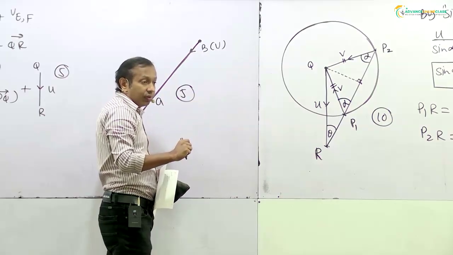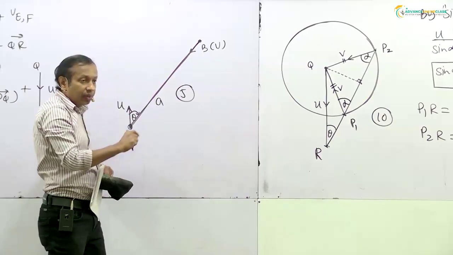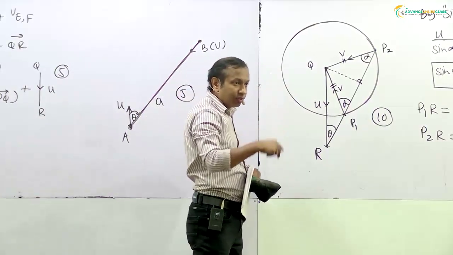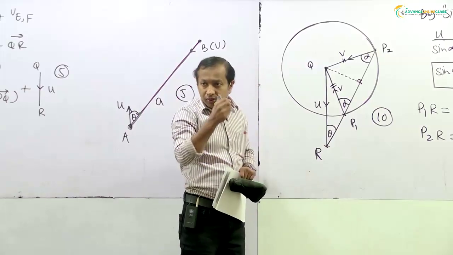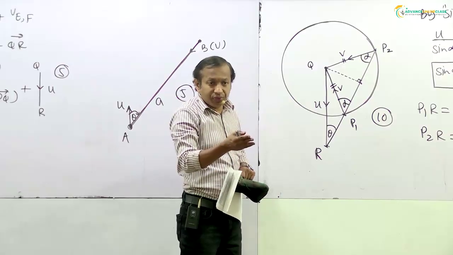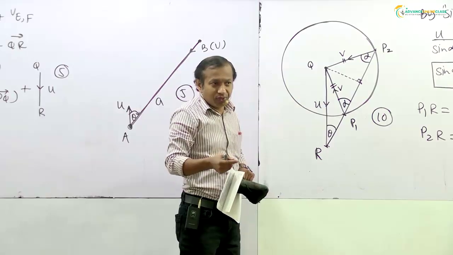Minimum velocity. Then T max we can find how? The distance is A. Distance should be divided by minimum velocity, the lesser velocity. Then time is maximum. Correct, no? When we make a certain journey, if you use a small velocity, the time it takes is more, no? That's the obvious thing, no?